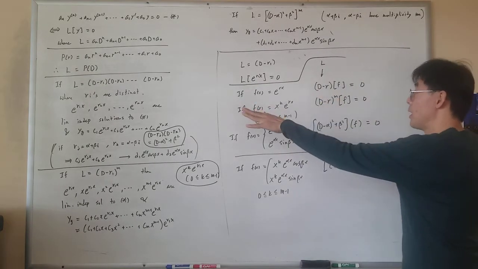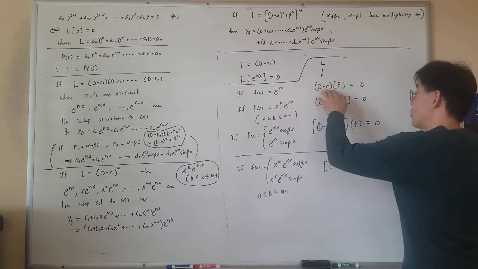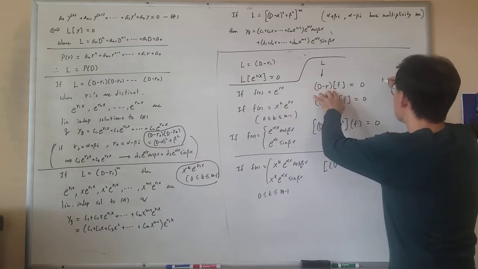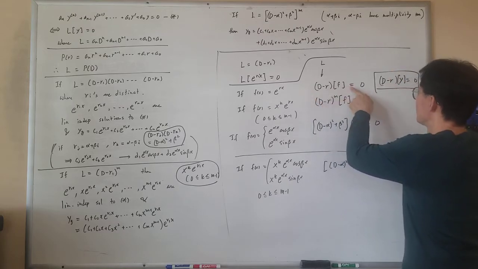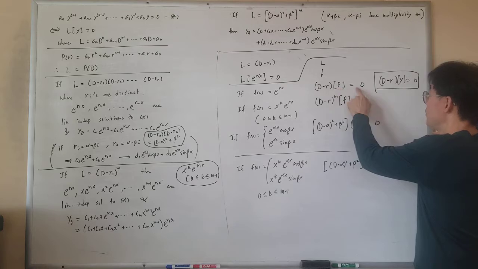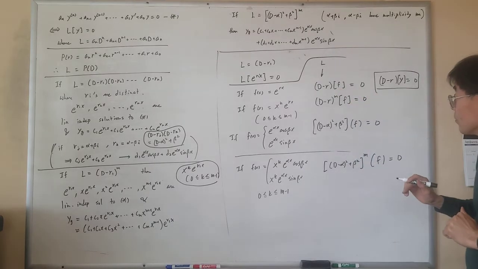So, so far we said that e to the rx is a solution of this differential equation, right? This differential equation means that when you replace y with f, you get identically 0, right?